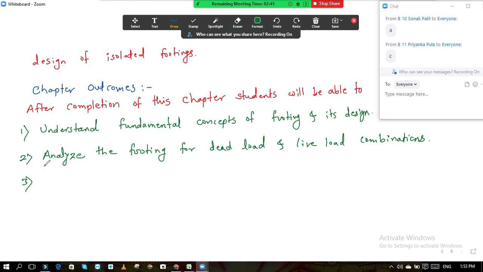Third, design the footing. So these are the outcomes.